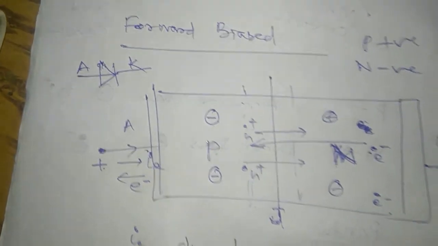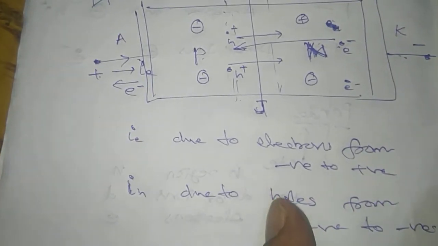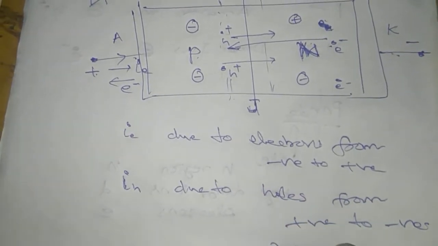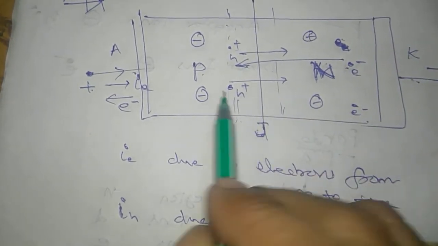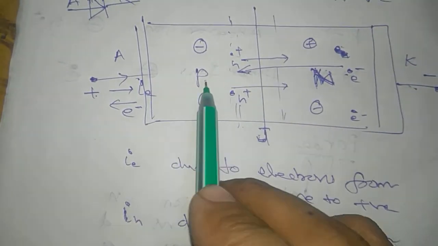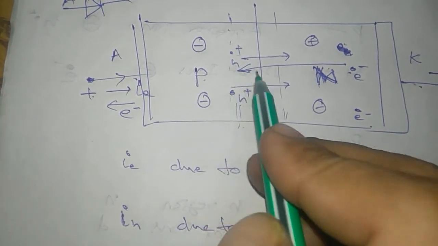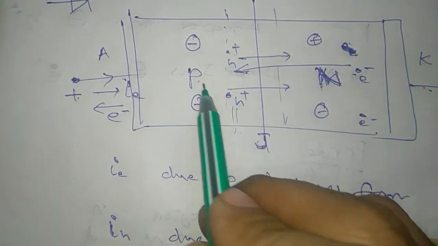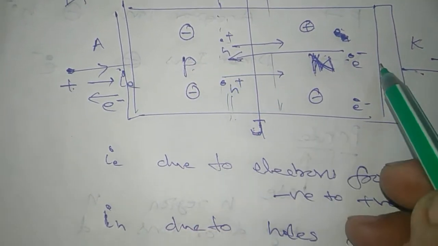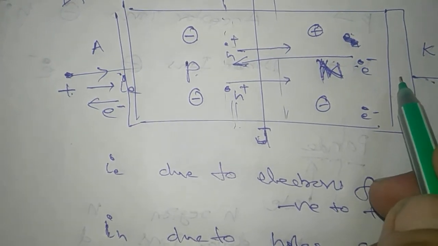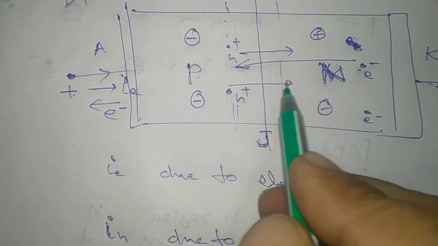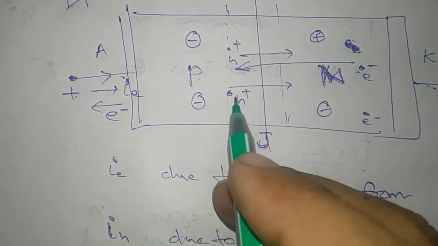Okay, so this is the forward biasing. When we increase the voltage, more holes cross the junction and more electrons cross the junction.